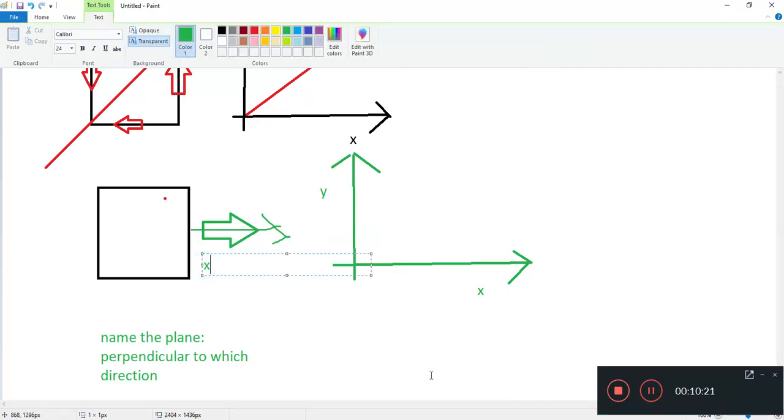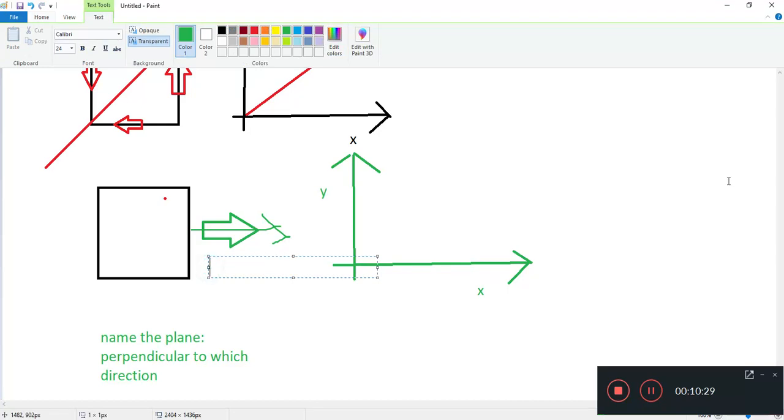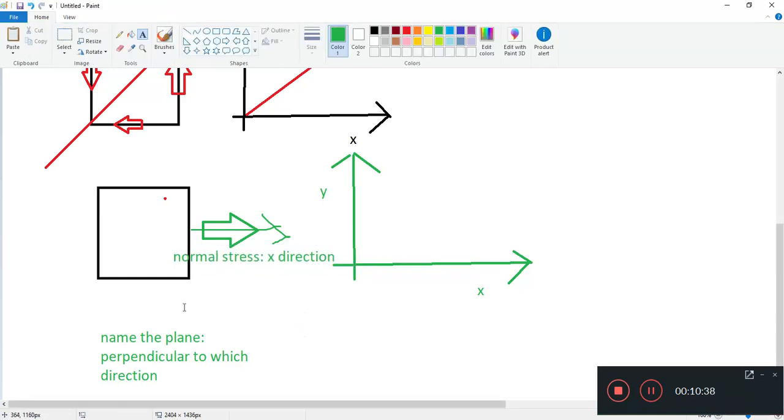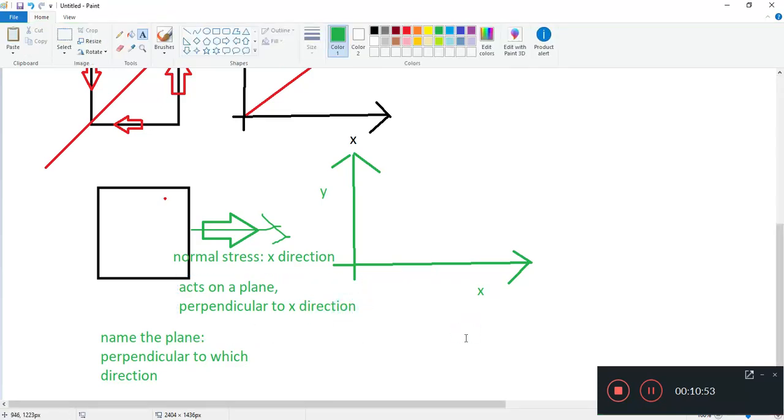Okay, so this normal stress is in the x direction, and it acts on the plane perpendicular to the x direction.